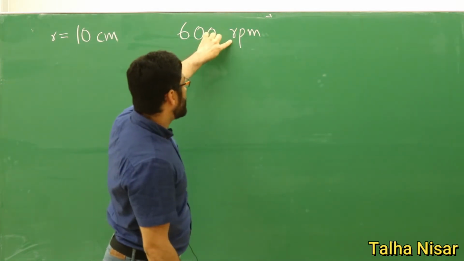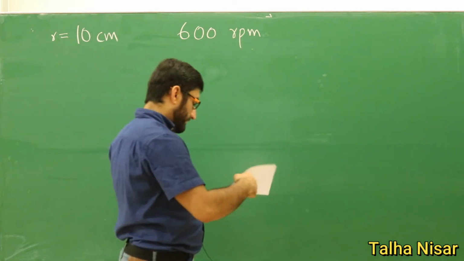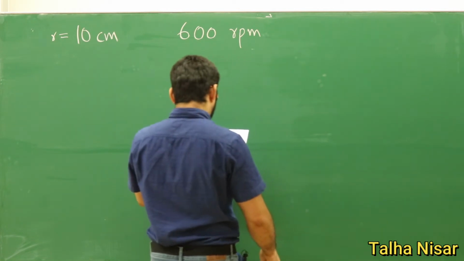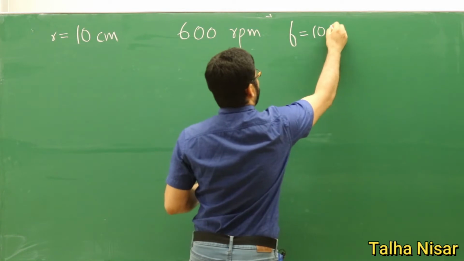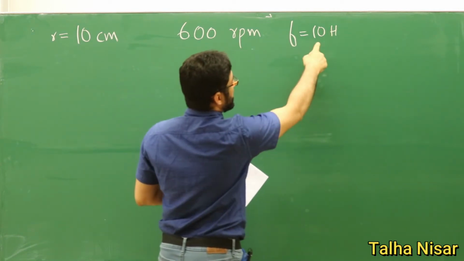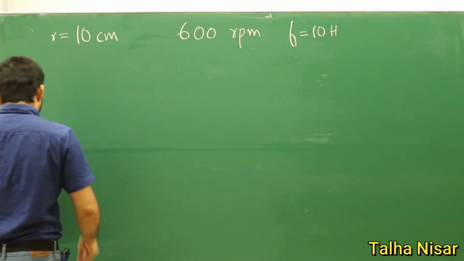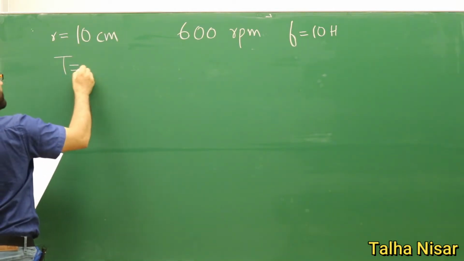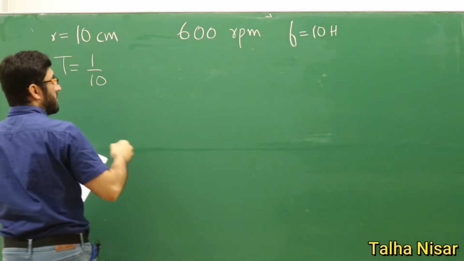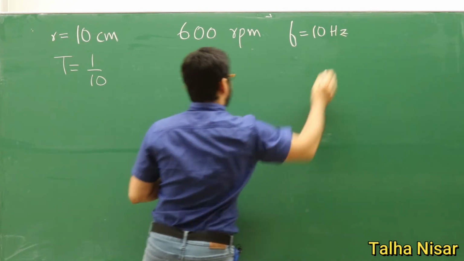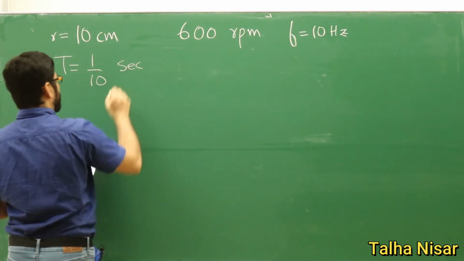It means how many revolutions there are per minute. The frequency here is 10 hertz, which means in 1 second it is spinning 10 times. So the time period is 1 by 10 seconds, since it's an inverse relation with frequency.